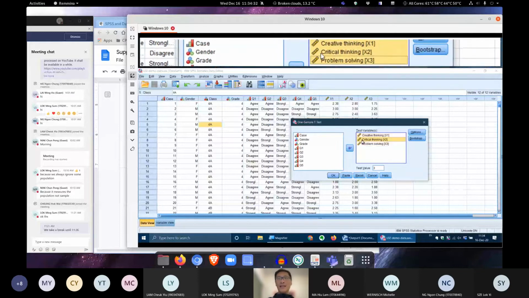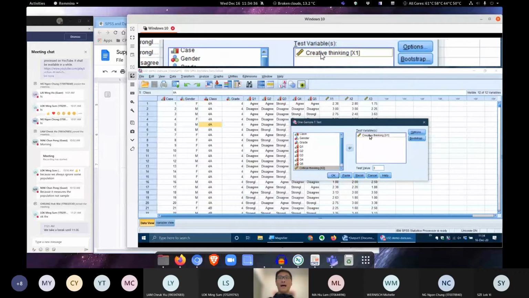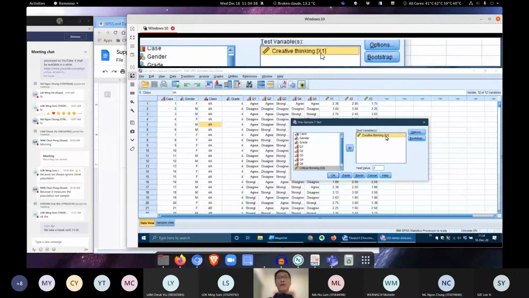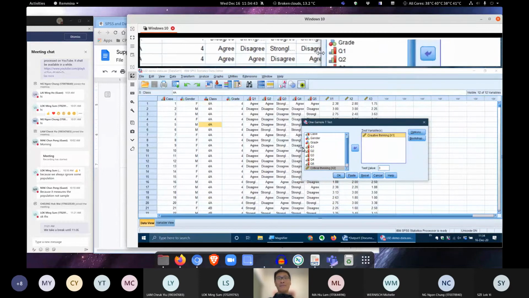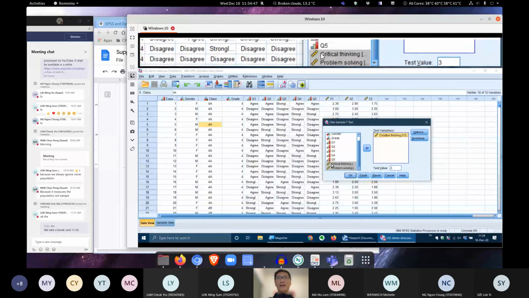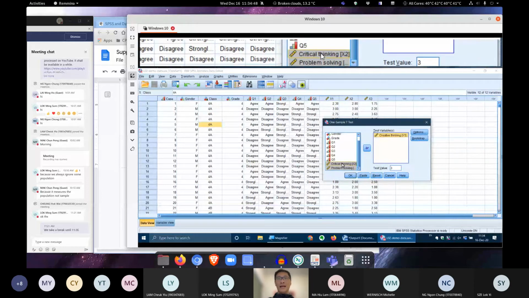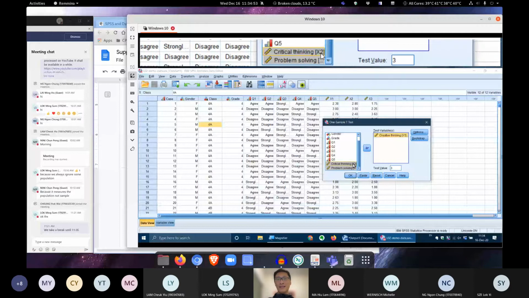But for simplicity here, let me only do one of them. So I only test X1, which is the creative thinking. Oh, by the way, some practical skills. Sometimes if you have a very long label like this, you do not see the variable in this case.